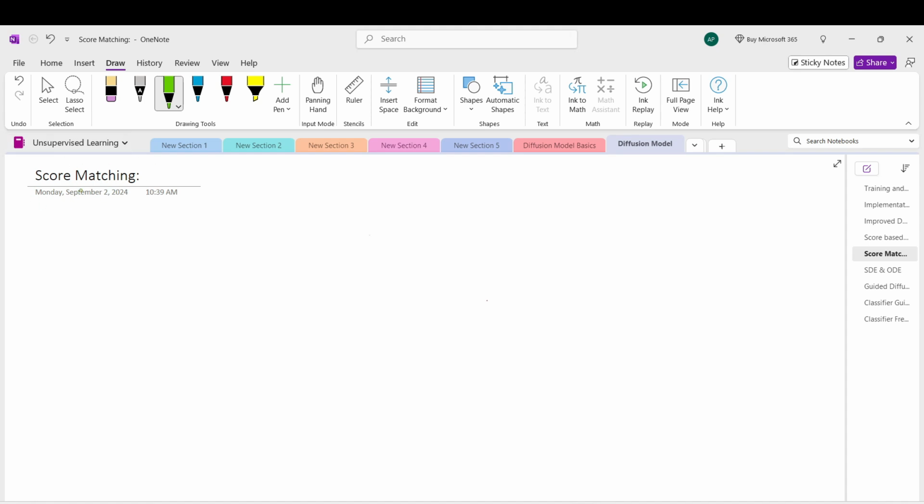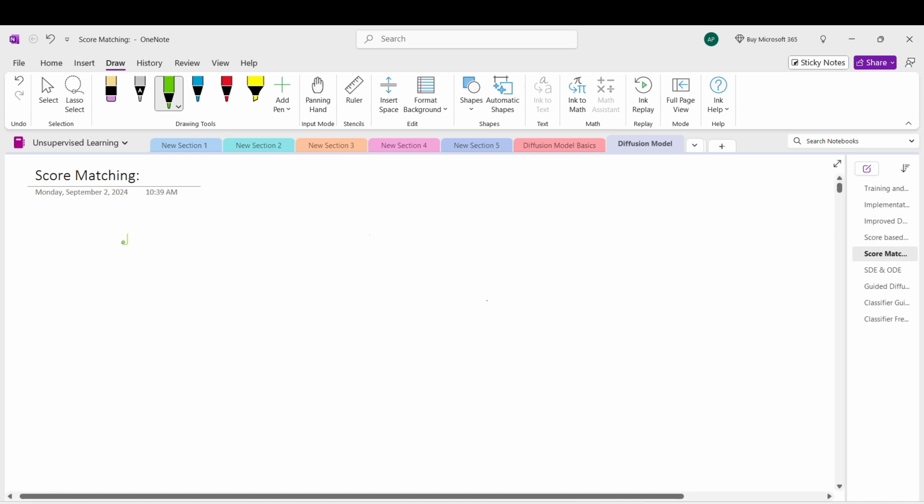So in this video we're going to understand score matching in diffusion. We are on a journey of learning diffusion models. We started from the introduction of diffusion models, and then we moved on to the processes of the diffusion model, which are the forward and reverse processes.